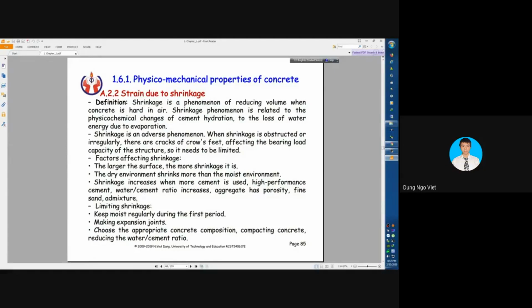So to limit the shrinkage phenomenon, we can use some solutions like keeping it moist regularly during the first period, or making expansion joints, or choosing the appropriate concrete composition, compacting concrete, or reducing the water-cement ratio.